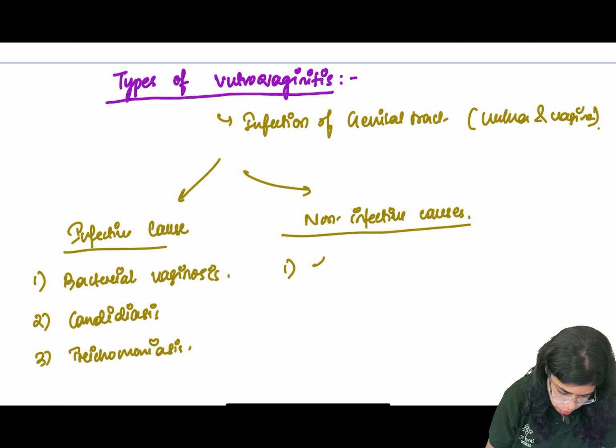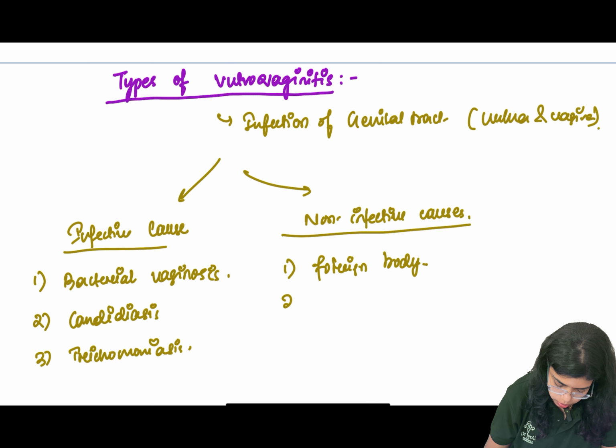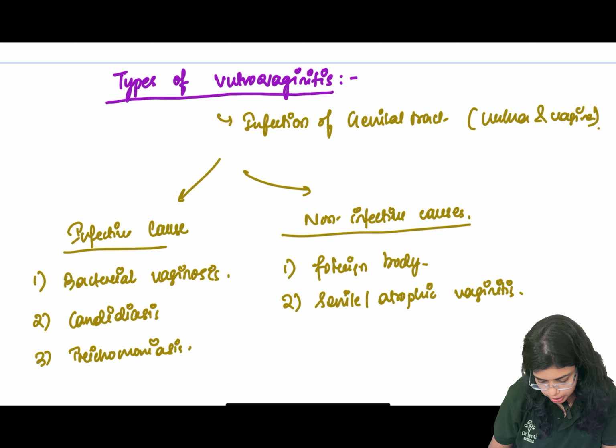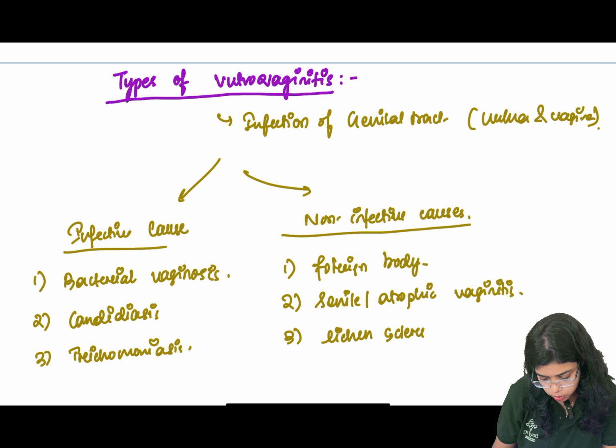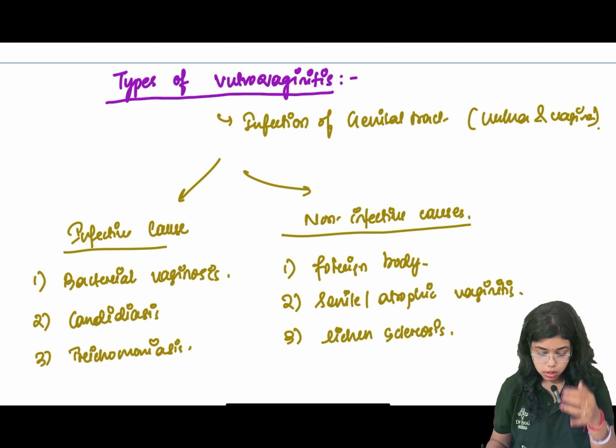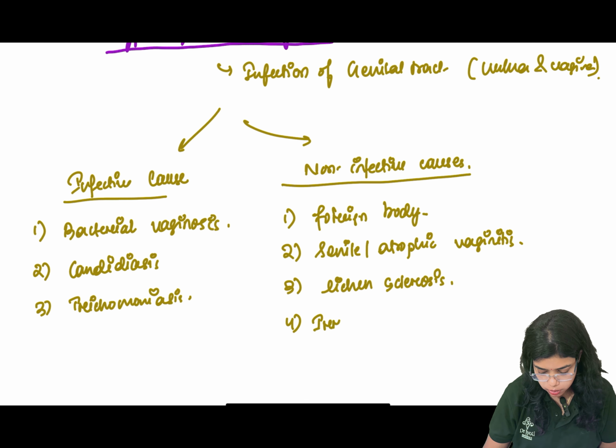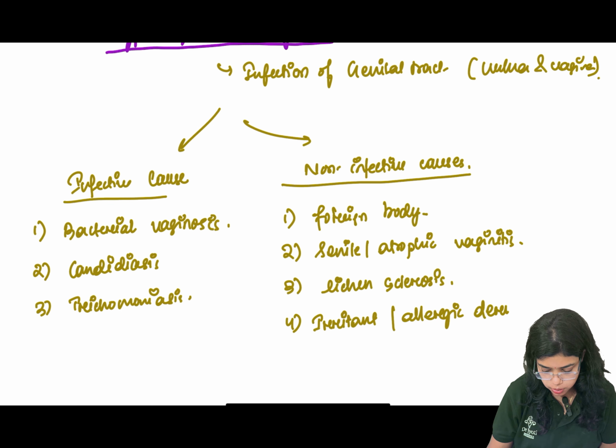Non-infective causes like foreign body and senile vaginitis or atrophic vaginitis, and other causes like lichen sclerosus, and irritant dermatitis or allergic dermatitis.